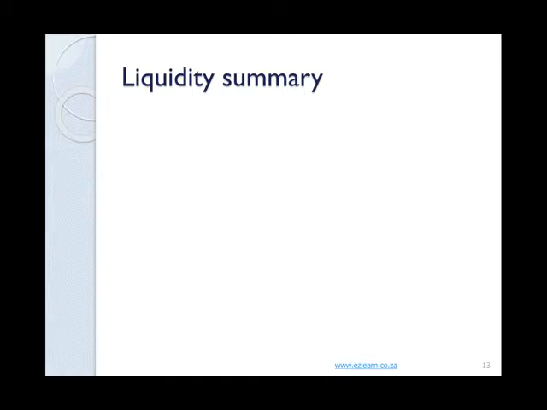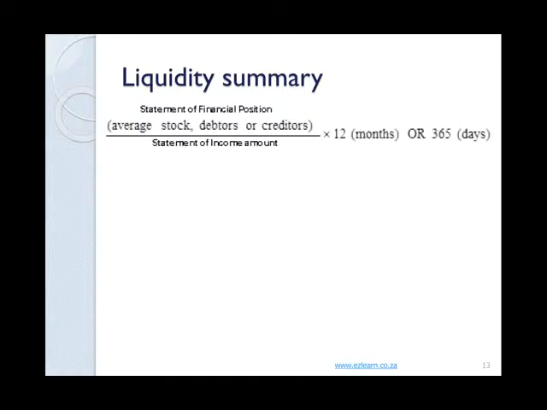In summary, when we are looking at our liquidity, for these periods for stock, debtors and creditors, if you take your figure from the statement of financial position, stock, debtors or creditors, you need to average it. This is because you are comparing a figure at one point in time to a figure from the statement of income, which is for a period of time.